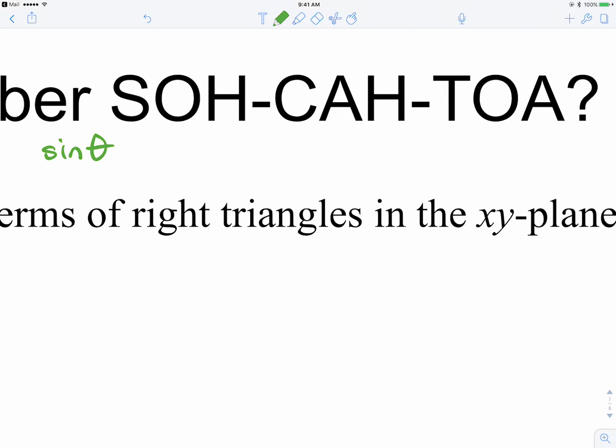Cosine theta, this only applies to right triangles. Cosine theta, CAH, is the side adjacent to theta over the hypotenuse. And then TOA, tan of theta, is equal to the side opposite theta over the side adjacent to theta.